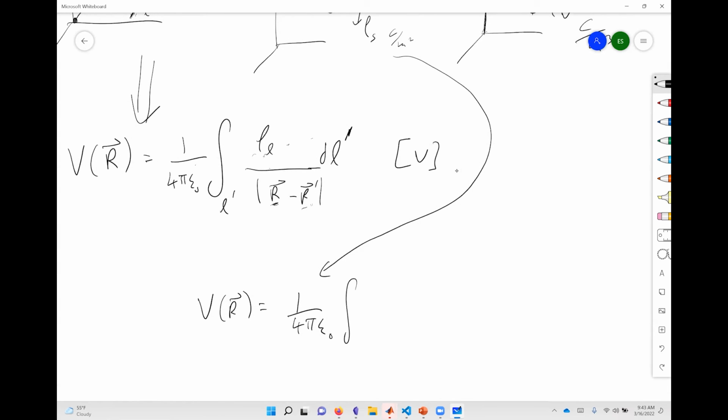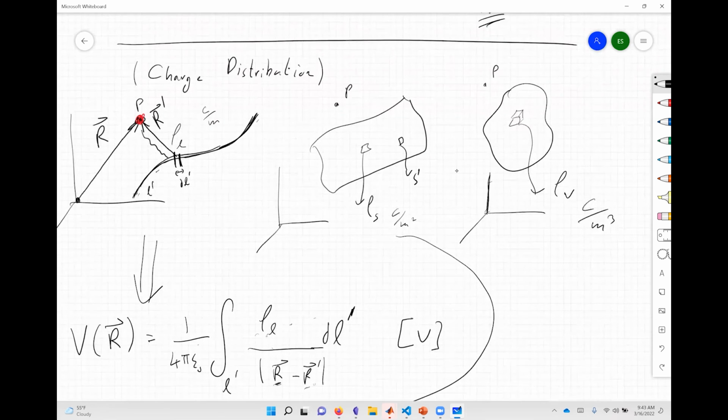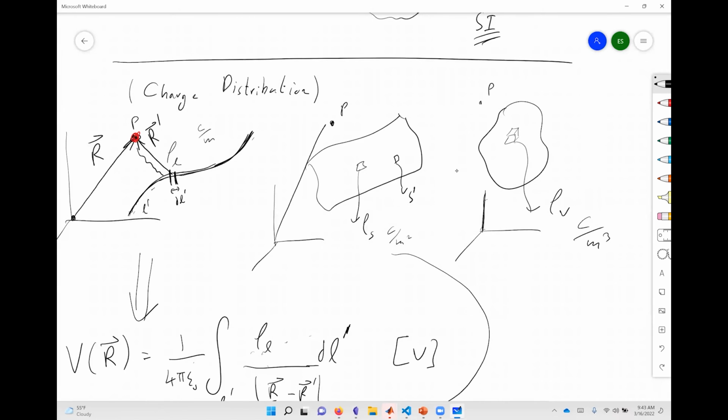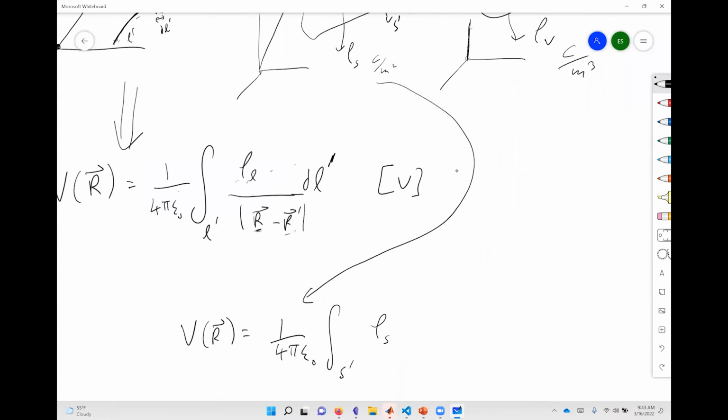So it's going to be integral over S prime of what is the charge? The charge is rho S, and rho S is going to depend on where you are, of course. So this is point P, this is R, this is R hat, R prime, right? So rho S dS prime is going to give me the charge over the magnitude of R minus R prime.